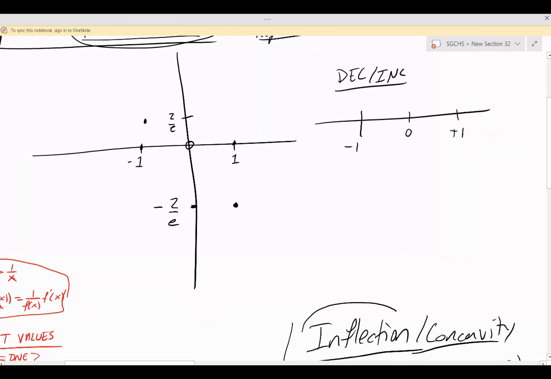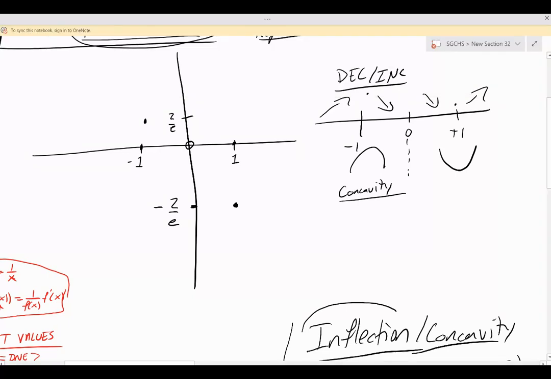And if we were talking about our decreasing and increasing intervals, it's going up, down, down, up. Okay, and then we have our min value and our max values, which we've already plotted. If we want to talk about our concavity intervals, well, when we are less than 0, we're concave down, and then when we are greater than 0, we're concave up.